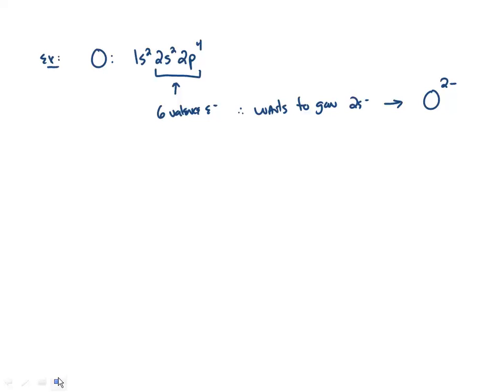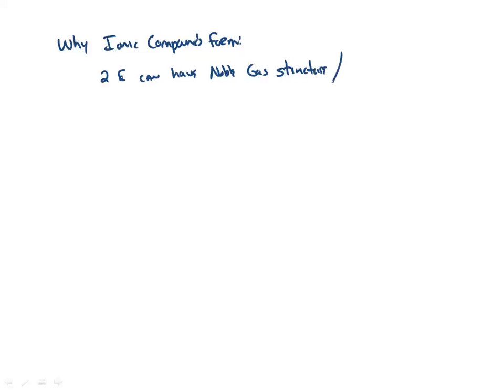And it also explains why ionic compounds form. They form because 2 elements can have a noble gas configuration, or a noble gas structure, or another way to say that is they can both fulfill the octet rule.